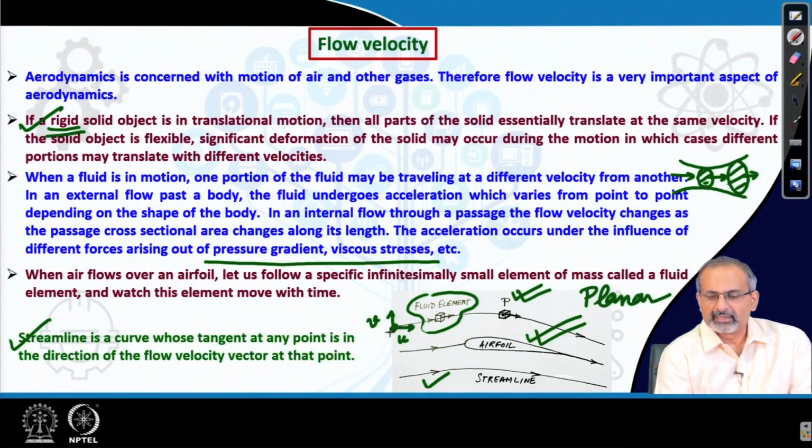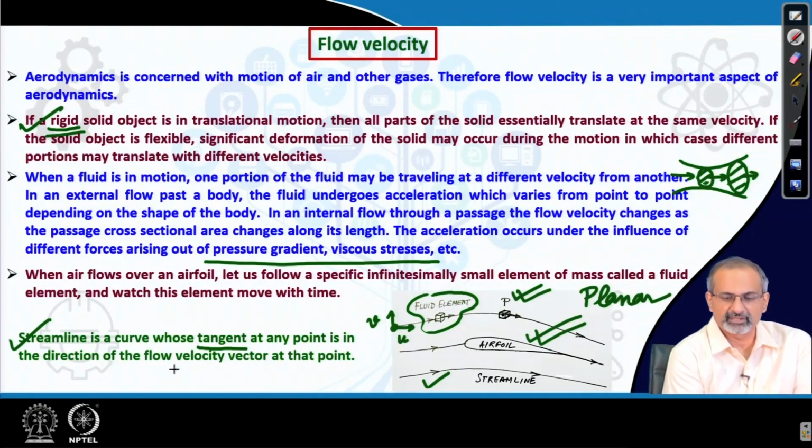Now, if you sum them up vectorially, you have the velocity vector, and that velocity vector aligns with the streamline at any given point. So, that is what we mean by the streamline being a curve whose tangent at any point is in the direction of the flow velocity vector.